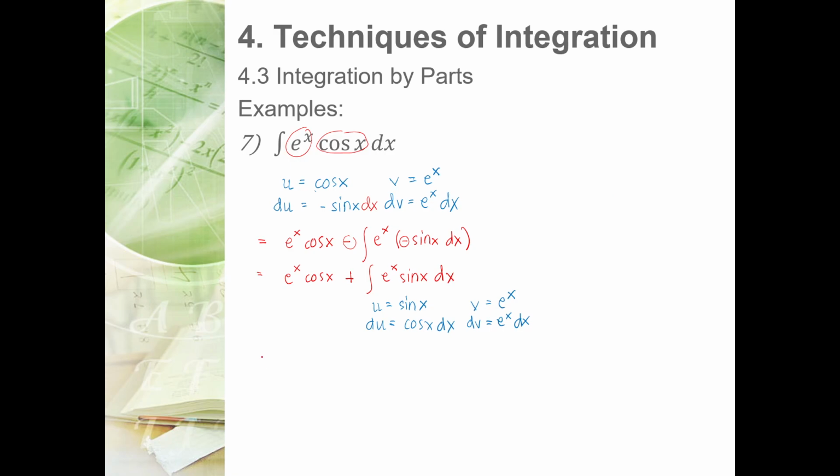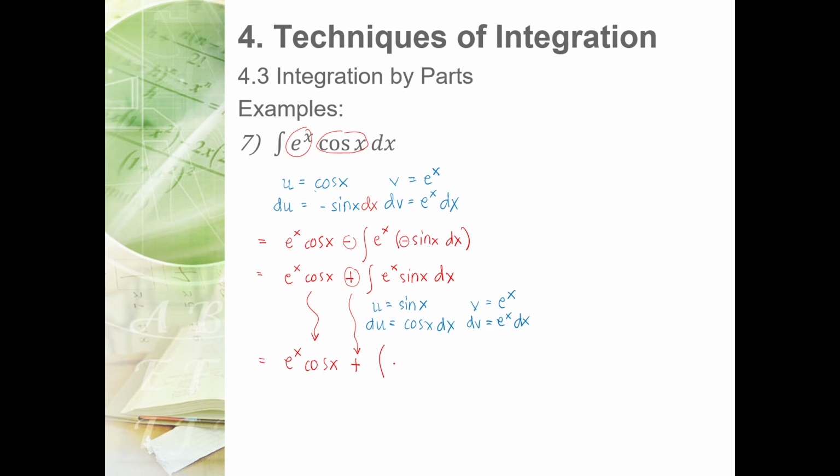With the use of the formula, I'm going to have e raised to the power of x cosine x. Copy first the remaining term here, and then plus. I enclose it in a parenthesis because it's a long expression for the formula uv minus the integral of v du, and I want to take note of the signs. I'll multiply later inside the parenthesis, as a safety precaution whenever I plug in a longer term.